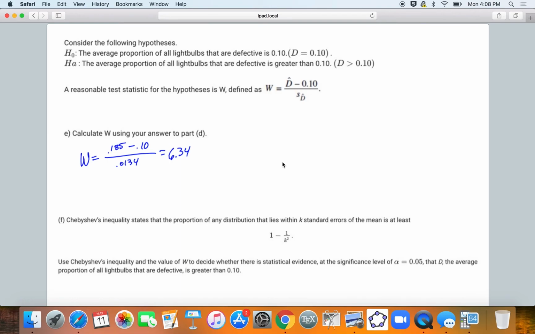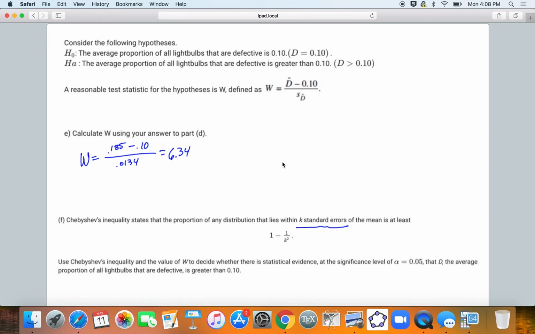All right. So I got a test statistic of 6.34 using the values d hat and the standard error for d hat from the previous part of the problem. Now, F, Chebyshev's inequality states that the proportion of any distribution that lies within k standard errors of the mean.